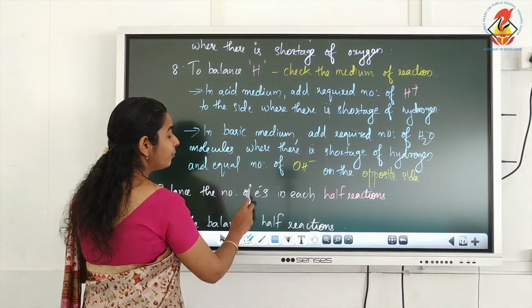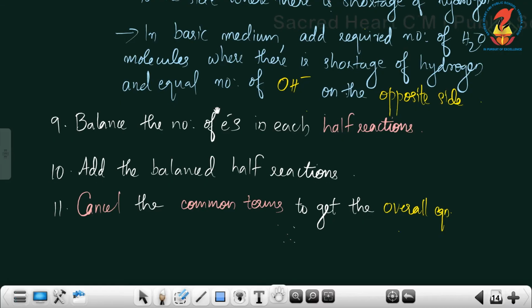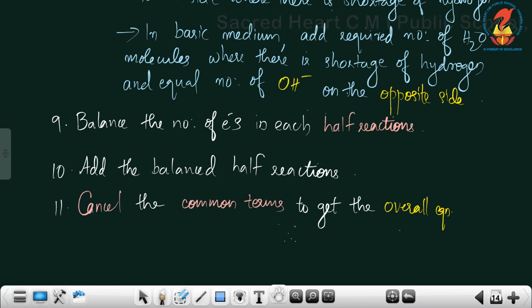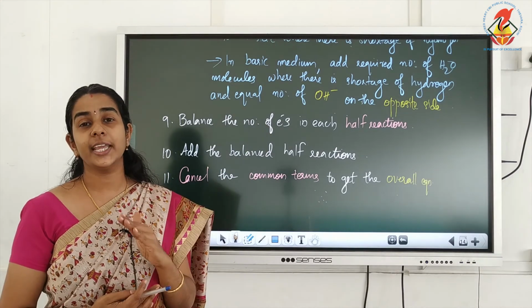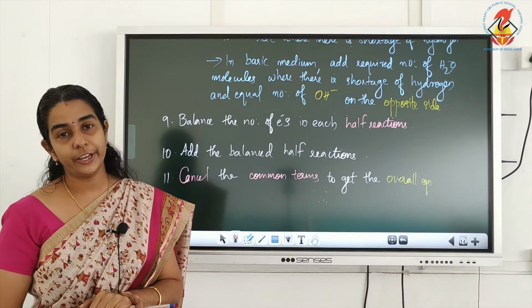Now after balancing hydrogen, check the number of electrons in each half reaction, because the next step is to make the number of electrons the same in both half reactions.